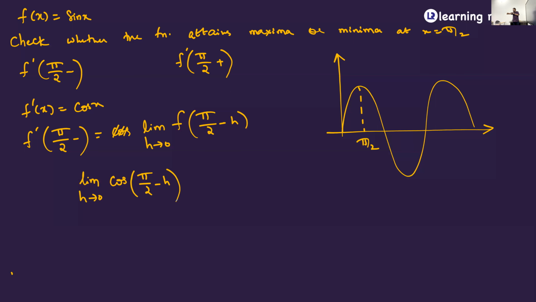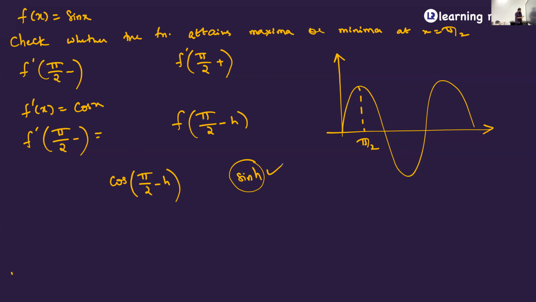What is cos of pi by 2 minus h? It is sin h. So limit h tends to 0, it is going to be sin h. Okay, one minute. Let's forget about this so that you will understand things better. So I'll get sin h.